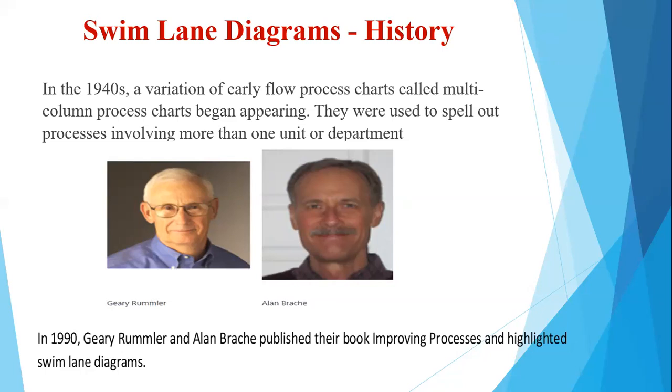They were similar in purpose to flowcharts, but different in appearance, and more or less common to today's swim lane diagram. So at that time in the 1940s, they were called multi-column process charts, where more columns were involved.